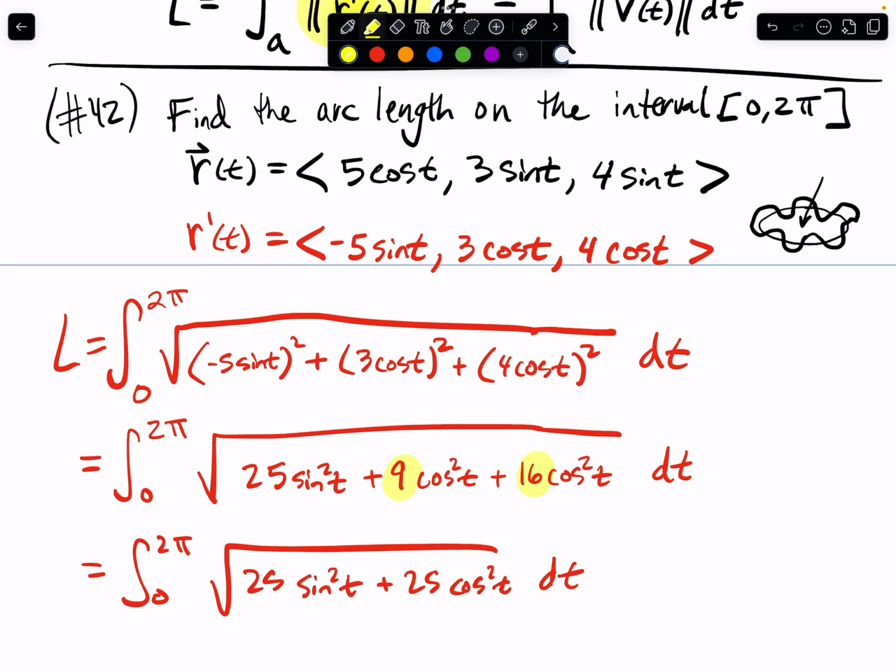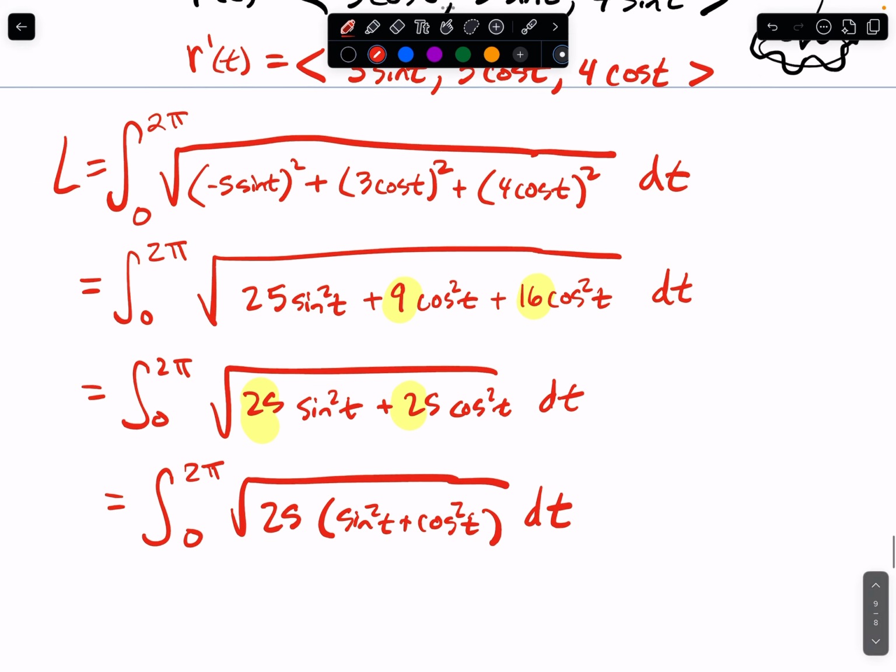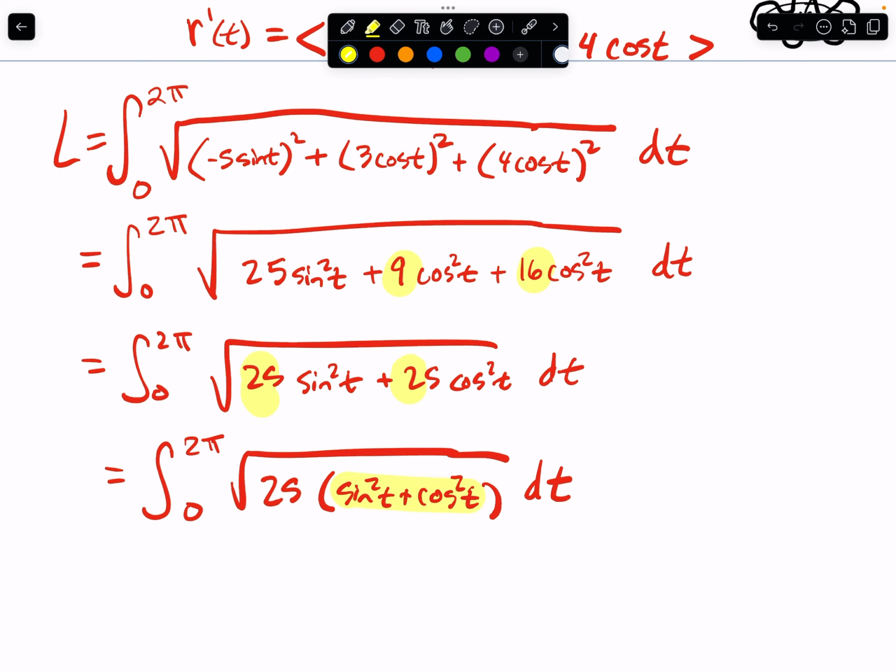And I can factor a 25 out of both of those, which is really good. So square root 25, and this is sine squared t plus cosine squared t, which hopefully you've already figured out by now is just equal to 1.